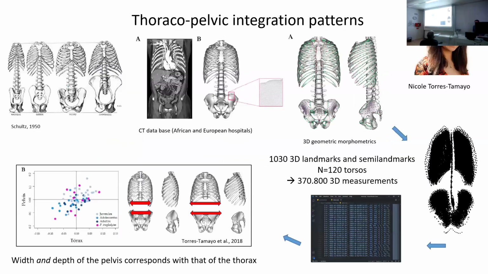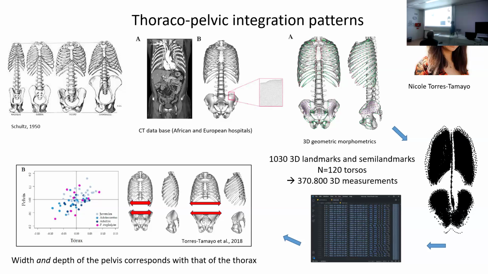And so that's the work that was done in my former project in the PhD thesis of Nicole Torres Tamayo, where we took the old models of Adolf Schulz. You can see here the drawings where the width of the thorax and the width of the pelvis appeared somehow correlated. And we tested this with a quantitative model, using different CT data from African and European populations.